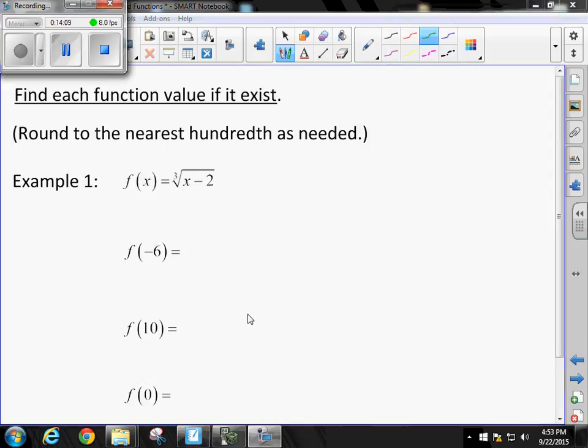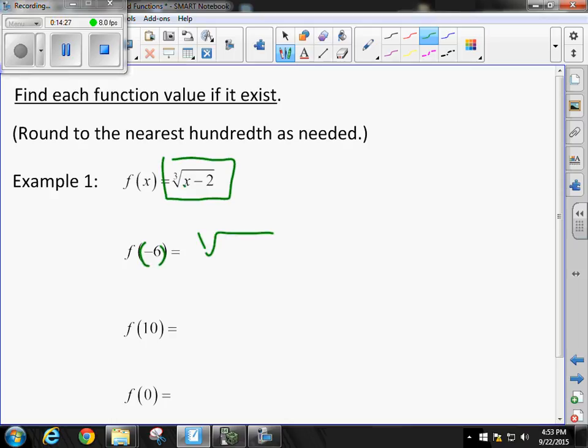Okay, we're almost done. I'm going to find the function value if it exists, and then round to the nearest hundredth. I'm going to start off with f of x is equal to the cube root of x minus 2. The first time I'm going to put in negative 6 where the x is.